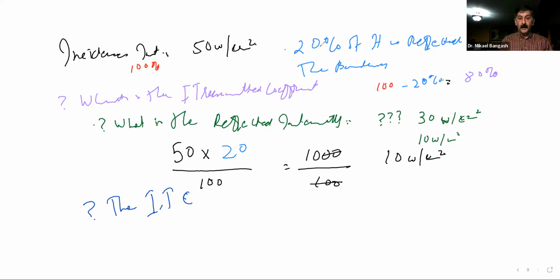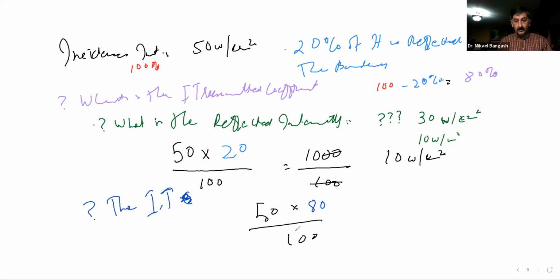Now you can say, when your reflection coefficient is 20%, your transmission coefficient would have been 80% of the initial intensity, 50.